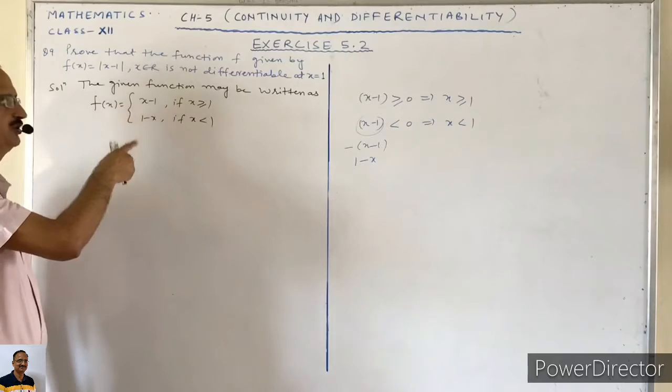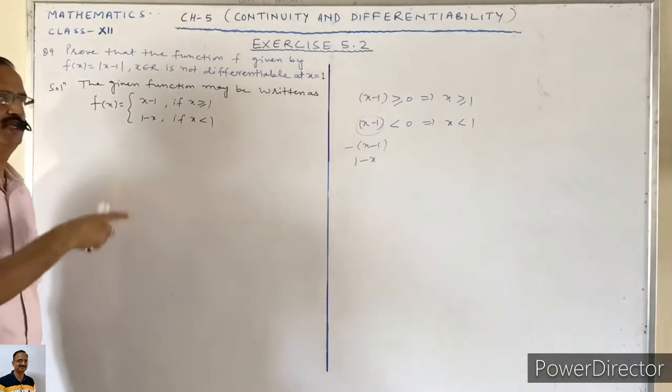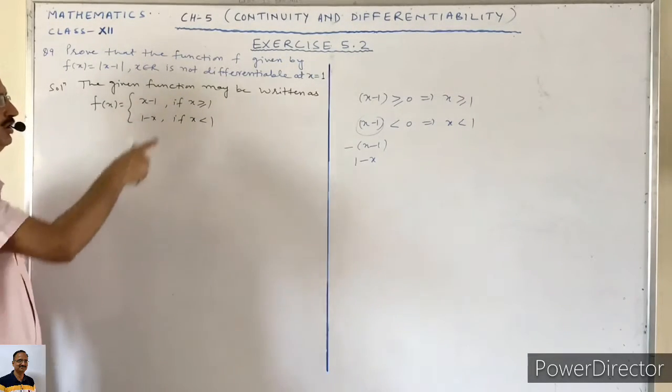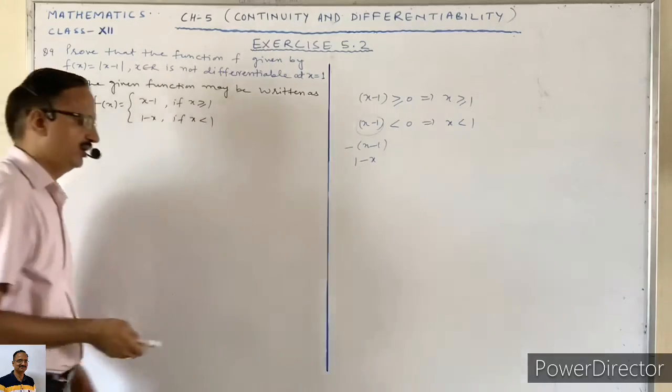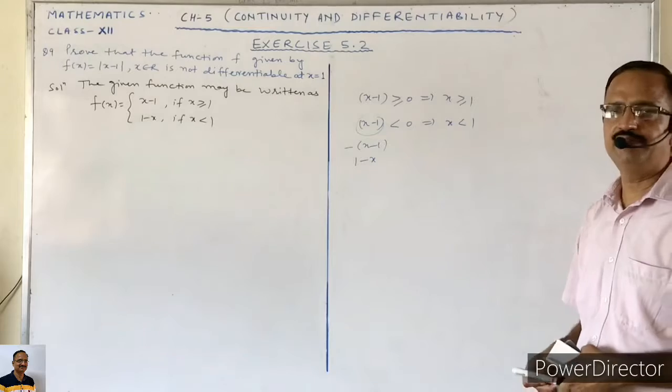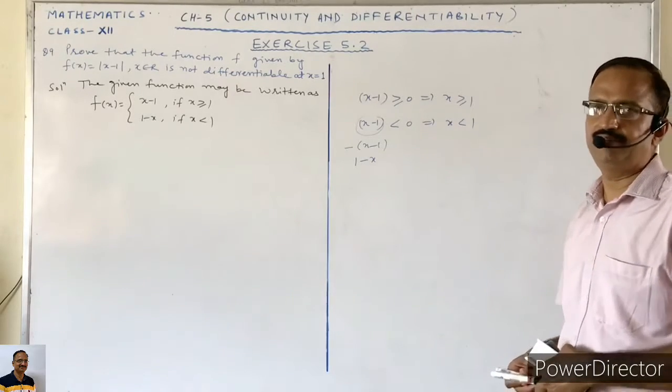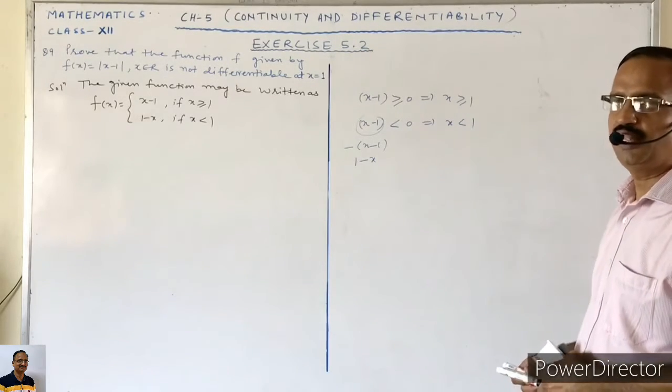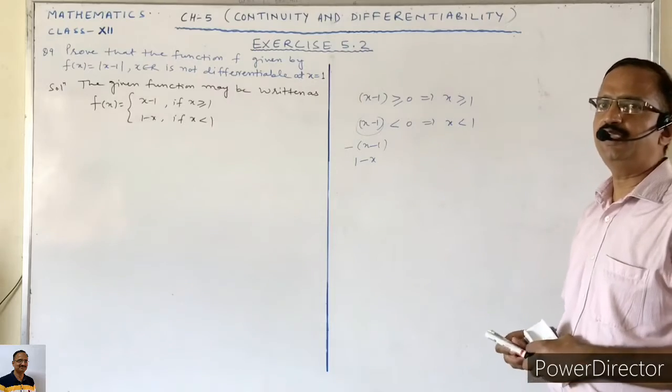Now we have to check whether this function is differentiable or not at x equal to 1. For this, we will find the right hand derivative and left hand derivative, as we find the left hand limit and right hand limit.